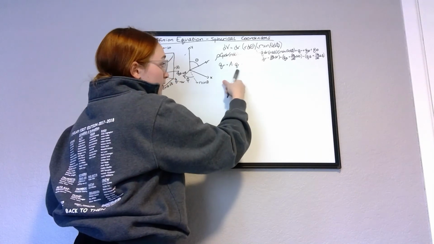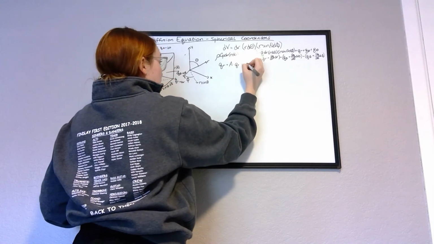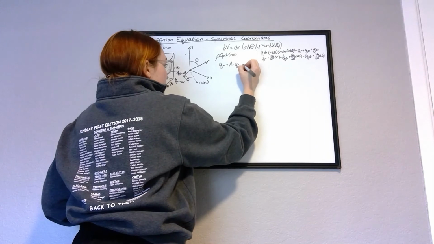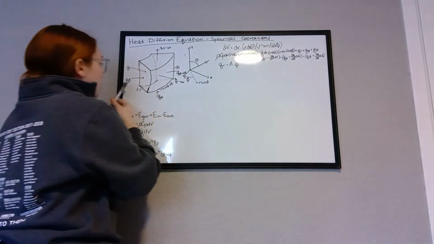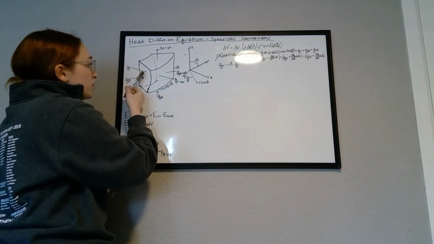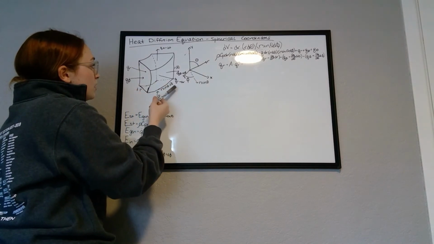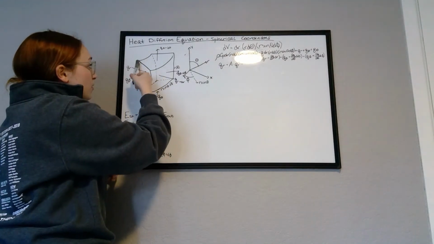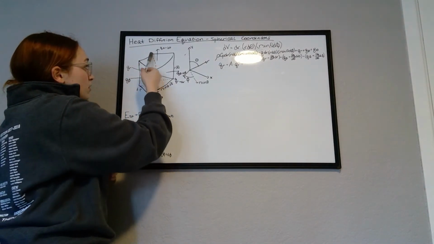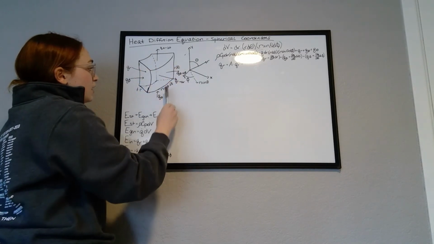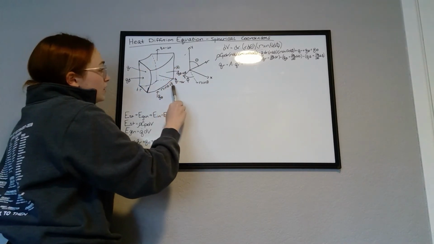The r is still very similar. The area that the heat flow of the r is going through is this panel, which is r d theta and then r sine theta d phi.